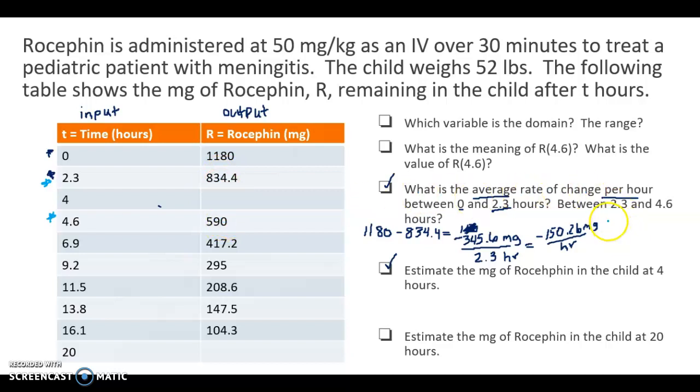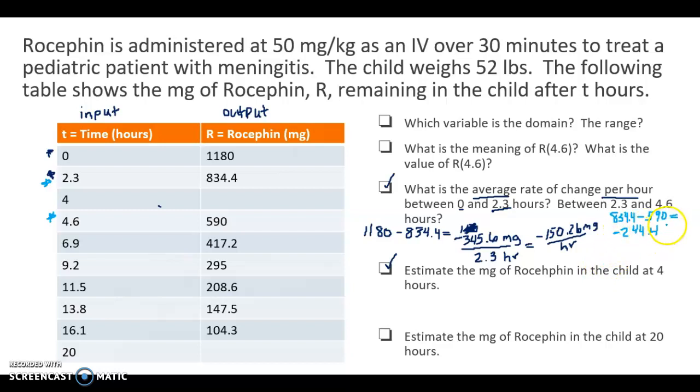So I take 834.4 and I subtract from that 590, and I find that there was a change of 244.4. And like the previous one, I put a negative there because truly this was a drop in milligrams.